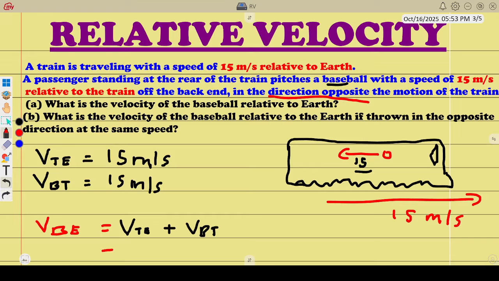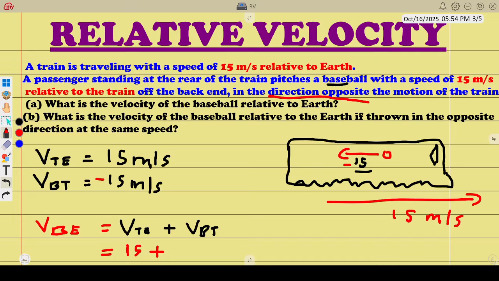So we're going to add: velocity of the train is 15. Here they gave us a very important detail. It was moving in the opposite direction, so this other velocity is negative because it was going in the opposite direction.